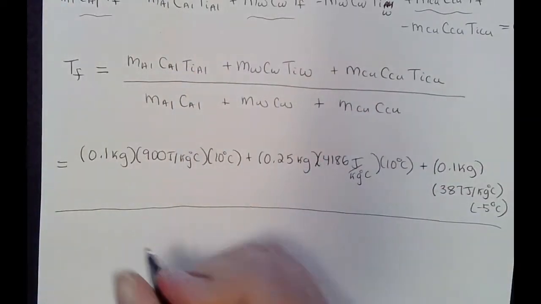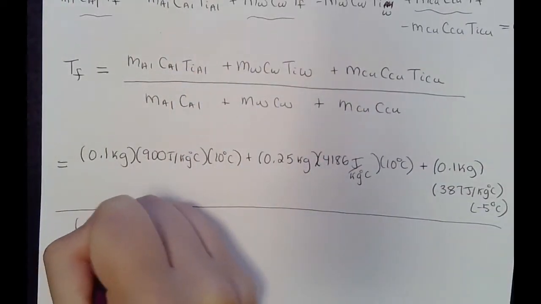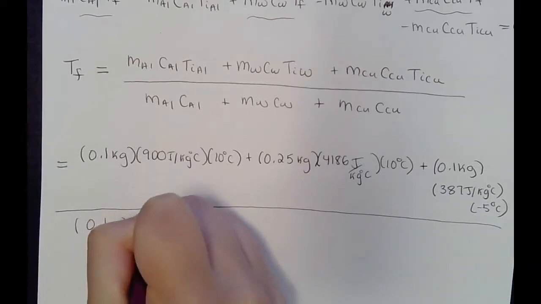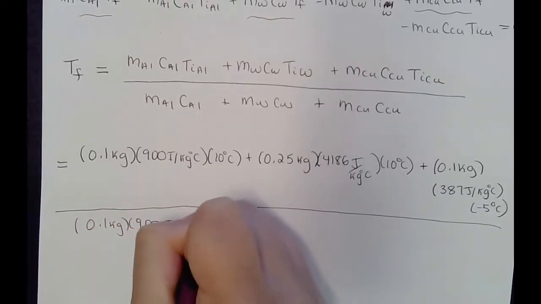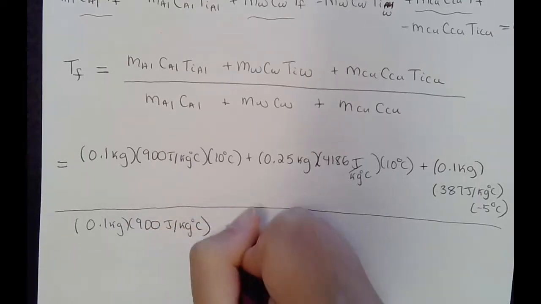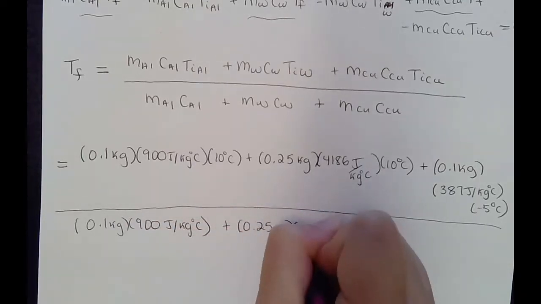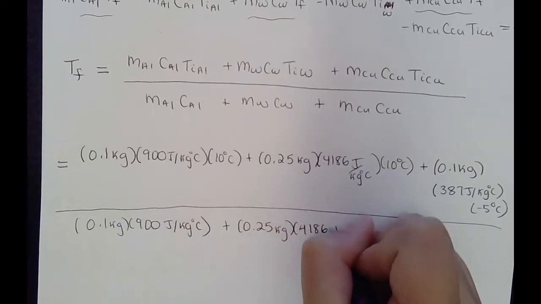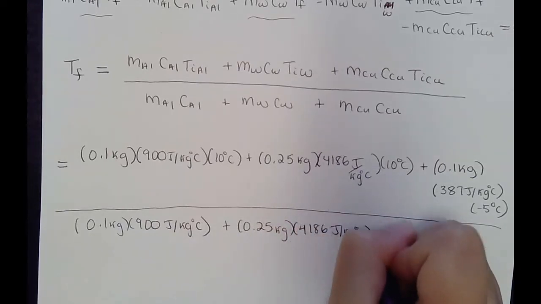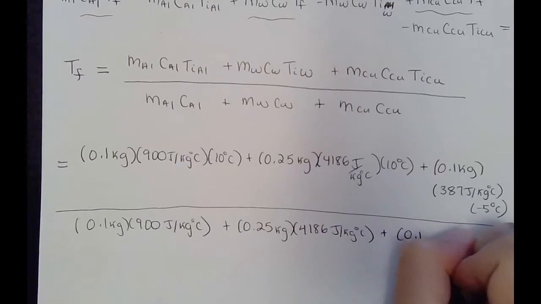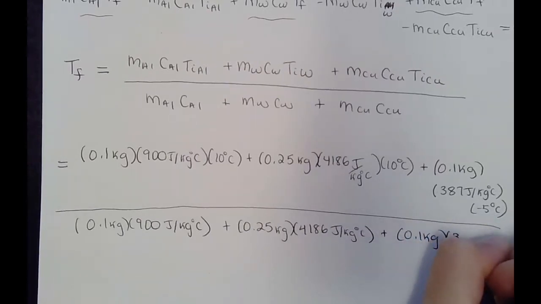Okay. So that's mass of aluminum, 0.1, C aluminum, 900, plus 0.25 for water, 4,186, plus 0.1 for the copper times 387.